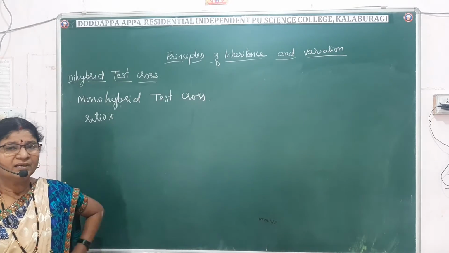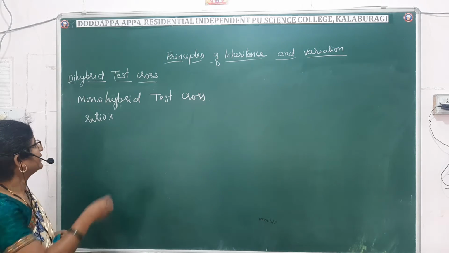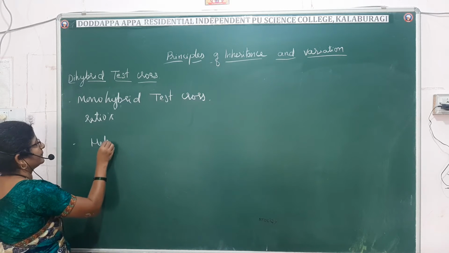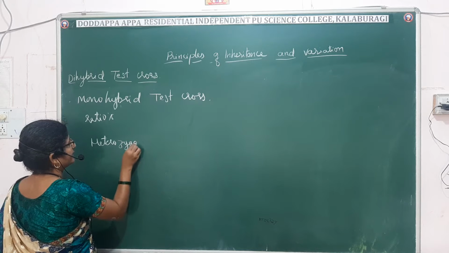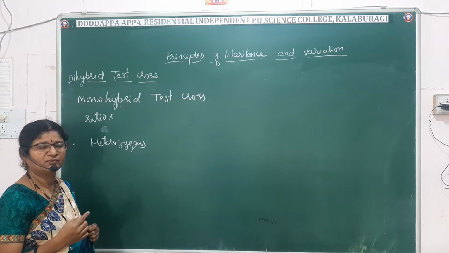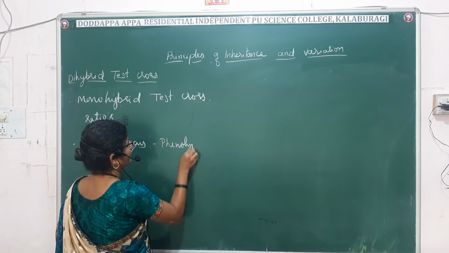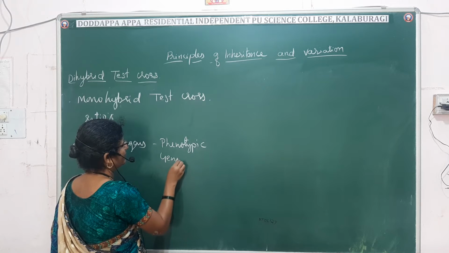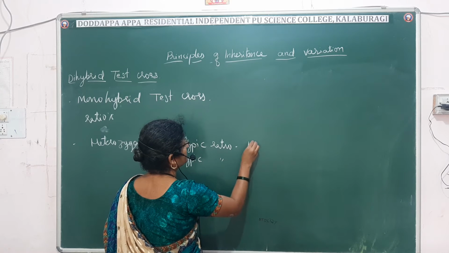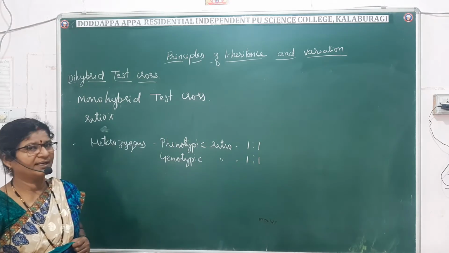See, if the unknown is heterozygous, that is, if the individual which we have taken for the test is heterozygous, you will get the phenotypic and genotypic ratios as 1:1. In equal ratios, you are going to get the tall and the dwarf.